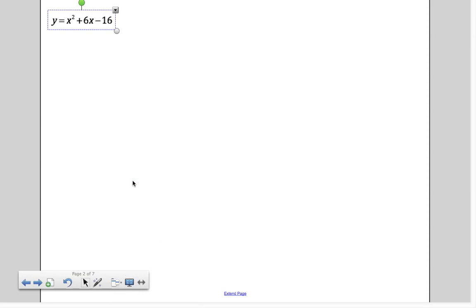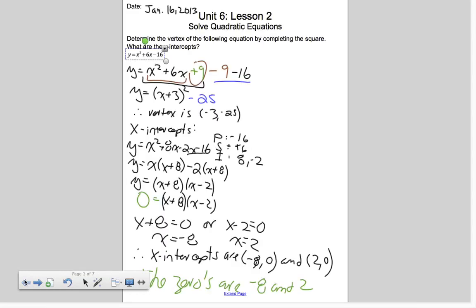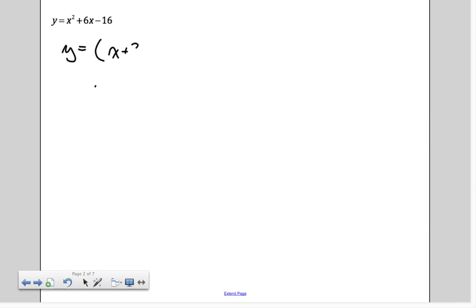So when we did complete the square, we got y is equal to, what do we get again? (x plus 3) squared minus 25, right? Same equation. We just showed that last time, right? So what happens if we do exactly what Sean just said before, but we want to figure out the x-intercepts?